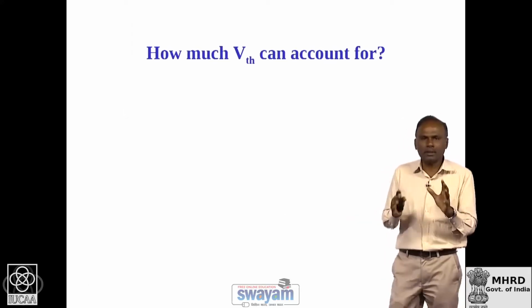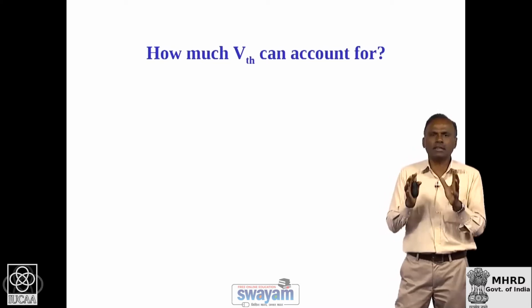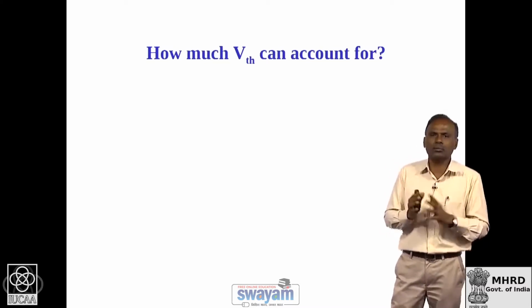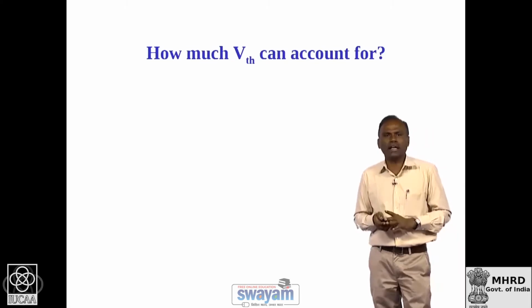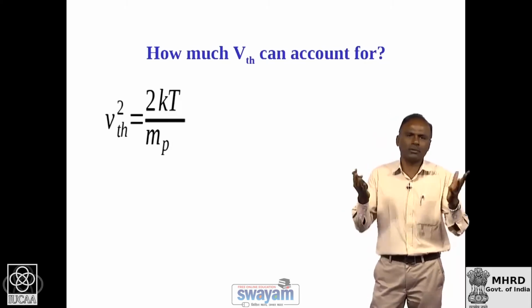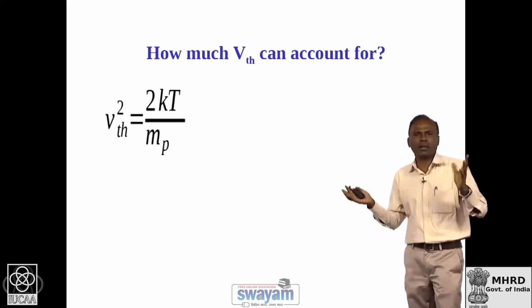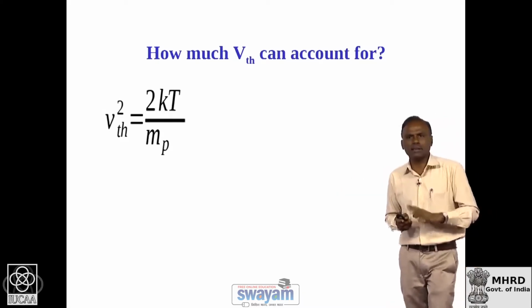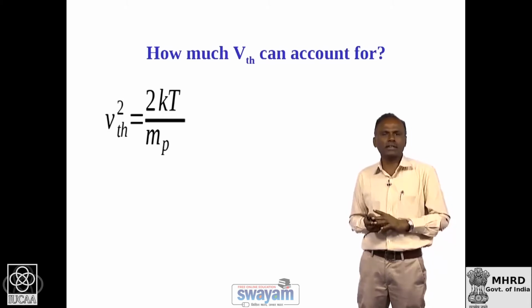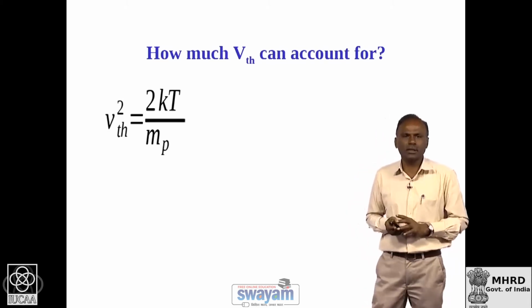For example, if you take the thermal energy alone, the coronal temperature alone, how much can they contribute? V thermal is decided by kT, where T is the temperature of the corona.